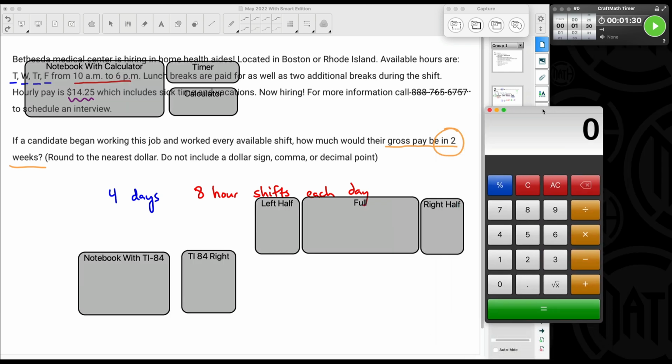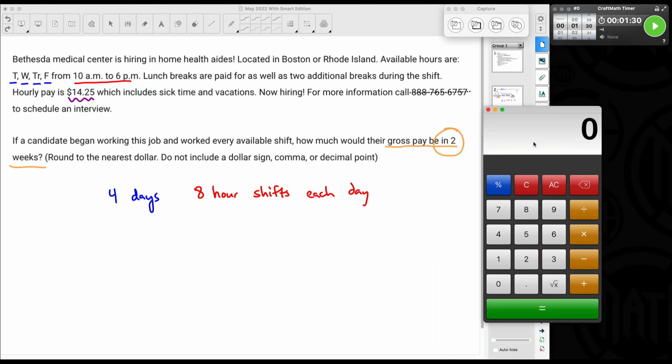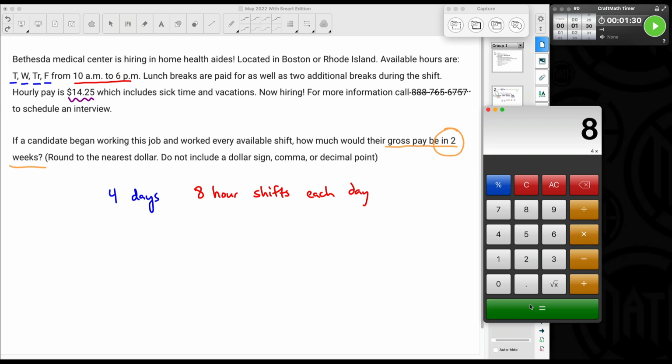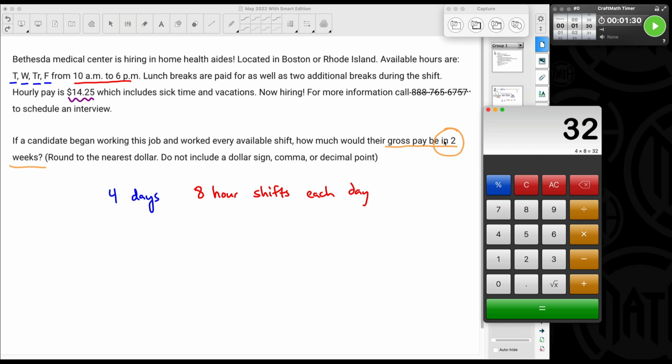It doesn't matter what order you multiply, y'all. Multiplication does not matter which way you multiply. Let's just take the 4 days. If you work 4 days and you work 8 hours each shift times 8, that's going to be 32 hours per week. I'm going to go ahead and double that since the question says 2 weeks.